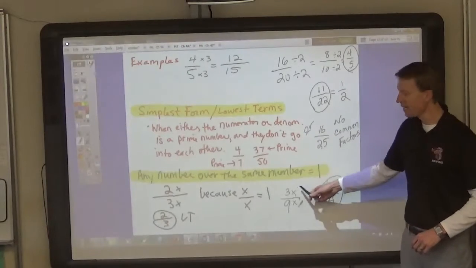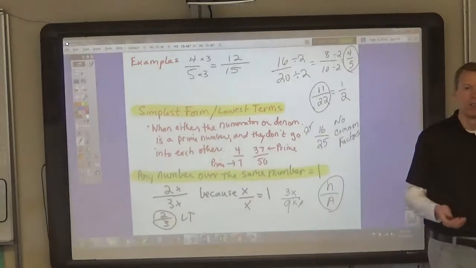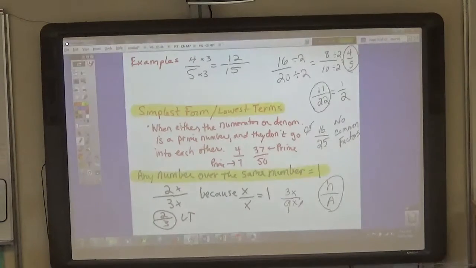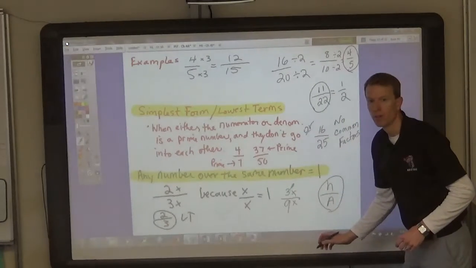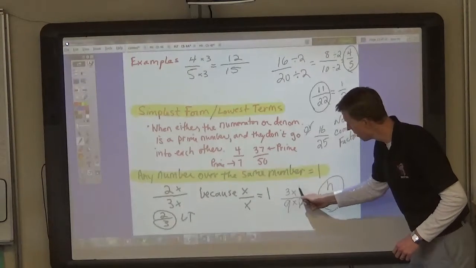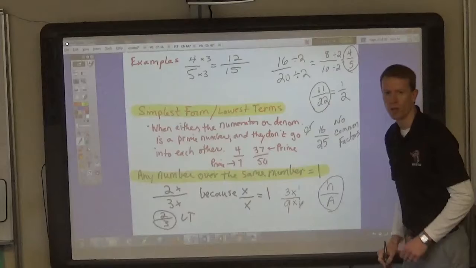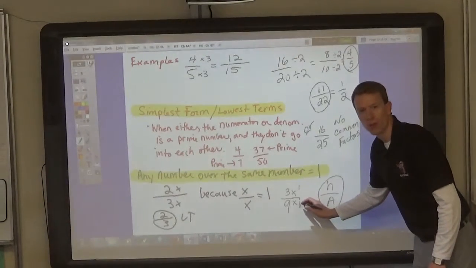It's like having the same number divided by itself. 4 over 4, so 4 divided by 4 is 1. So x divided by x is 1. Because you'd have a 1 here and a 1 here. This is 3 times 1 and 9 times 1. It's basically 1/3. So it'd just be 1/3.